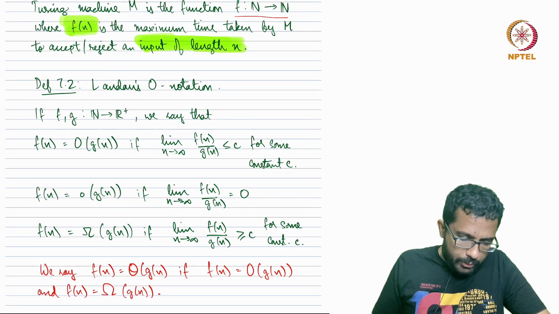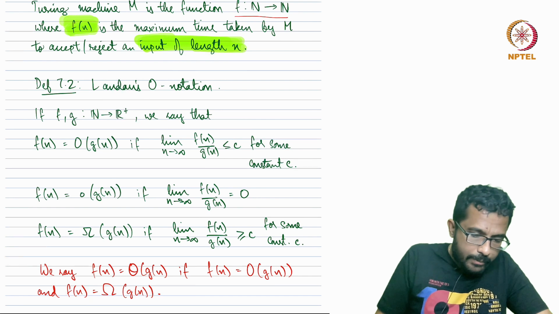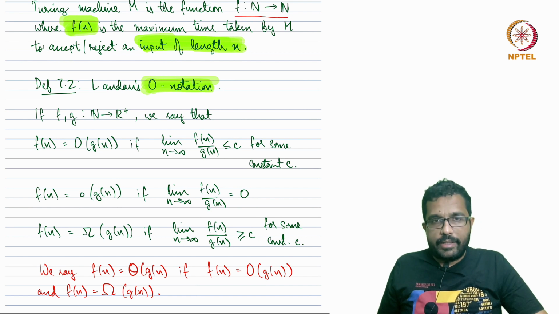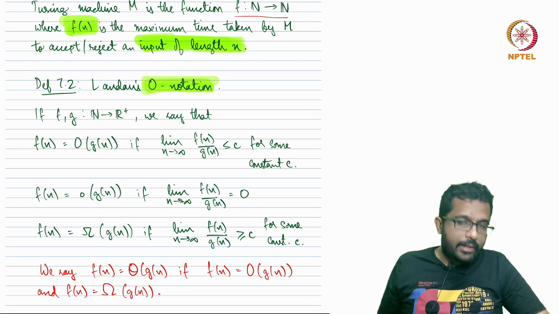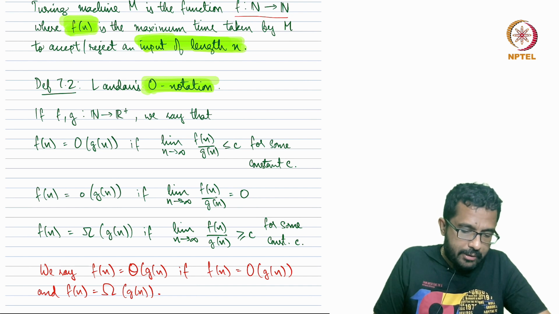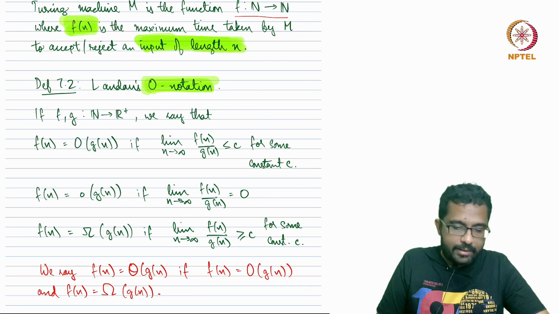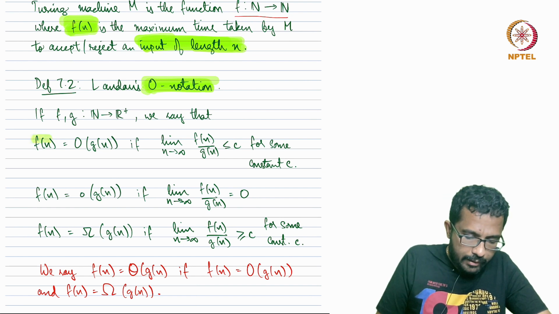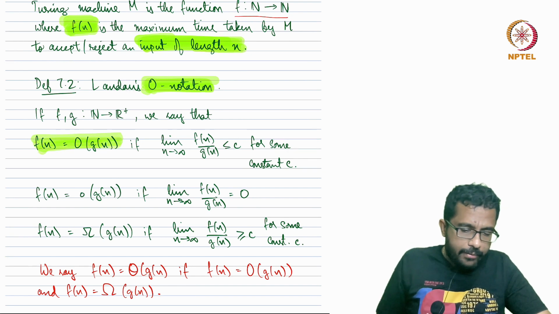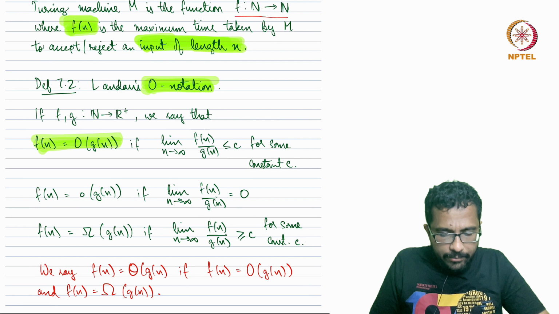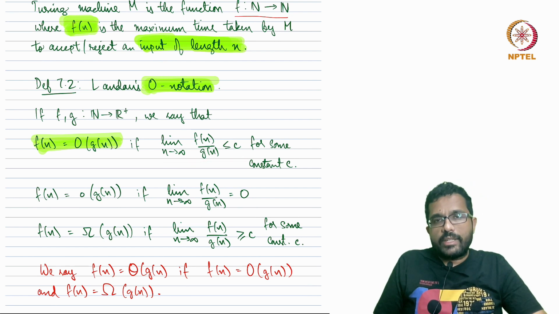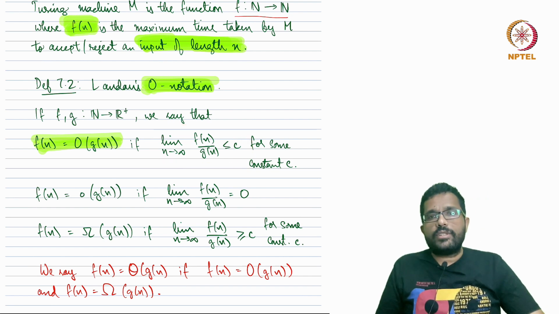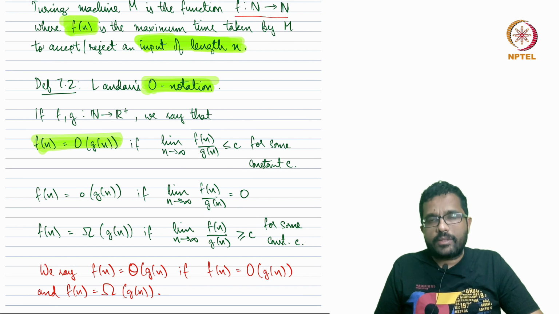Then let me also introduce the O notation. Perhaps you are familiar with this, but for the sake of completeness, this is also called Landau's O notation. If you are given f and g, two functions from natural numbers to real numbers, we say that f is big O of g(n) if the limit of f by g as n tends to infinity is at most some constant c.